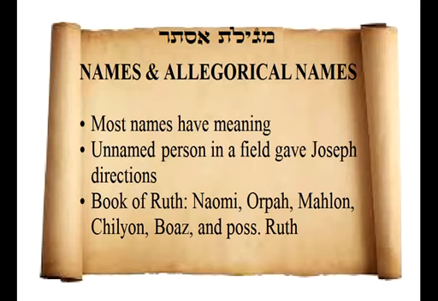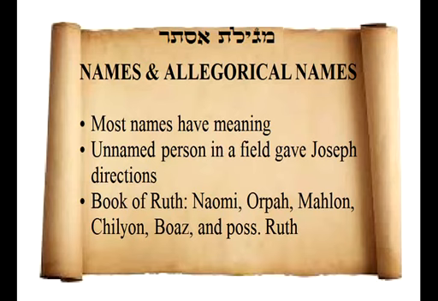Naomi and her husband Elimelech had to leave the land of Judah to go to Moab because of a horrible famine. And they lived there for 10 years. And they have two sons, which are Machlon and Chilion. Now, these are not their real names.